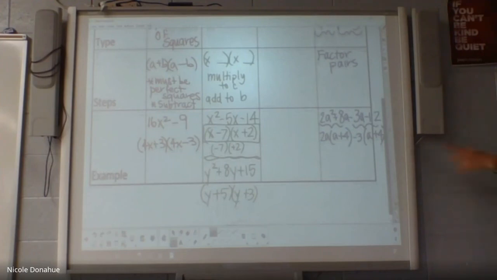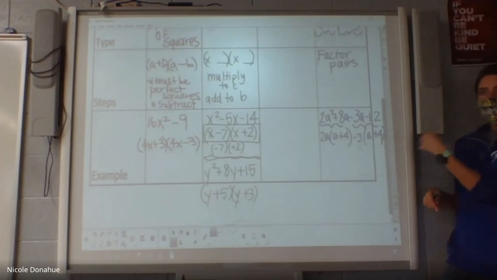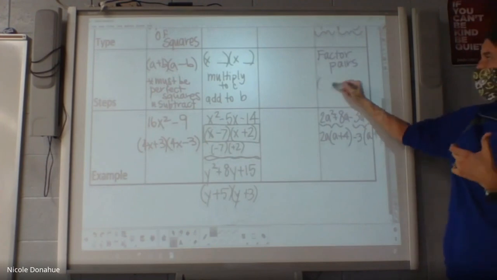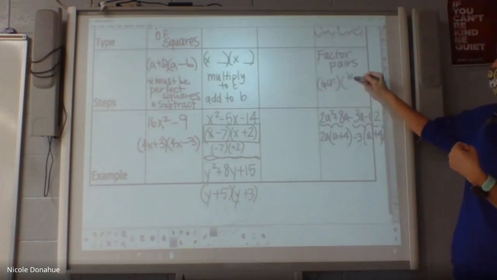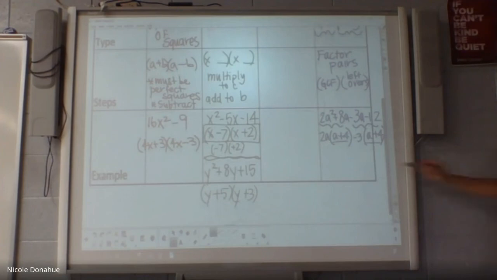So what I'm going to do then is this is where the grouping comes in. This is the same factor, so now I'm going to factor that new one out. So I'm going to take that GCF, and then I'm going to leave the leftovers. So this is my common factor, which is A plus 4.